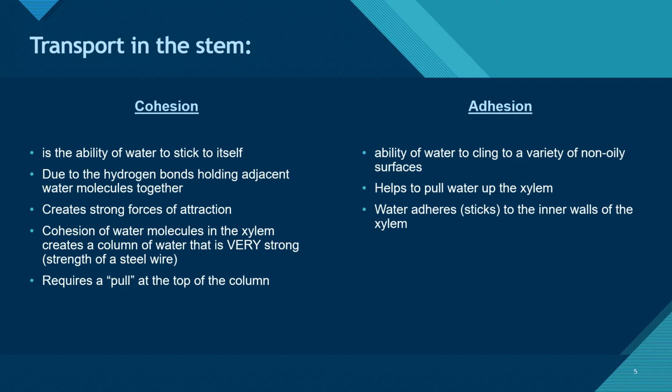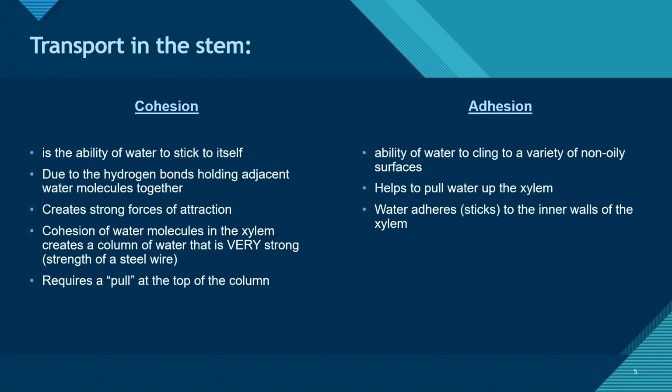Due to the hydrogen bond holding adjacent water molecules together, it creates a very strong force of attraction. The cohesion of the water molecules in the xylem creates a column of water that's super strong compared to the strength of a steel wire, and it requires a quote-unquote pull at the top of the column.